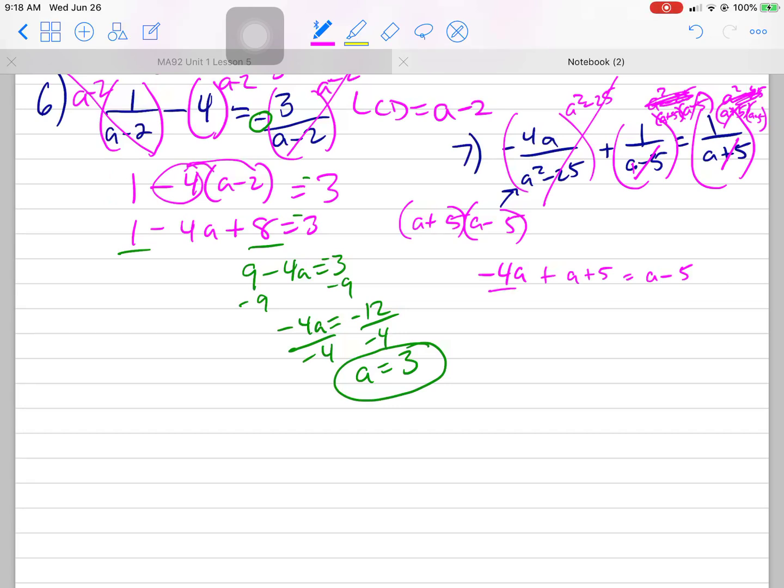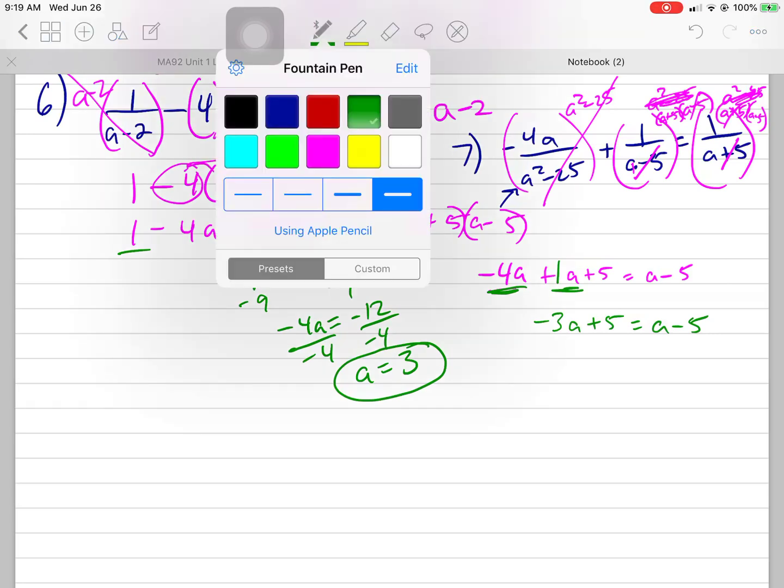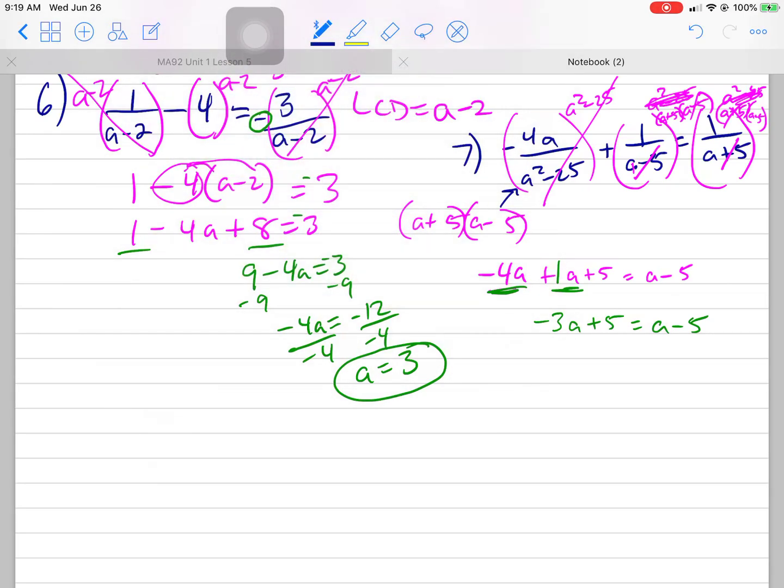So combine like terms. That's a 1a, if you need to put the 1 in there, so that's negative 3a plus 5 equals a minus 5. So let's move the a's over. Move this 5 this way.